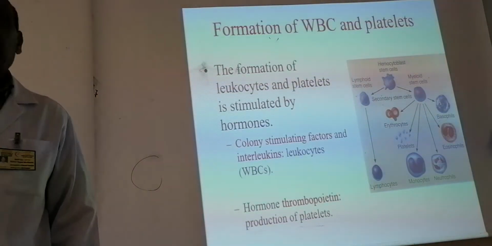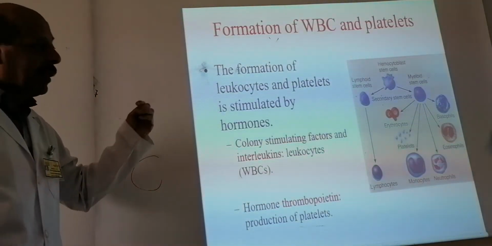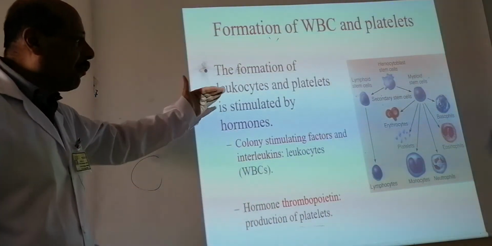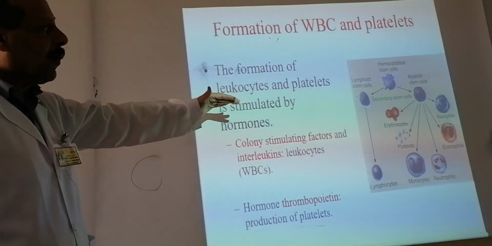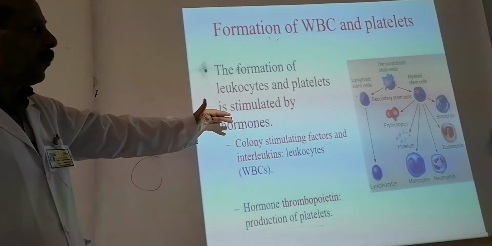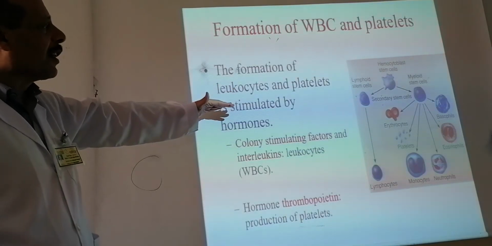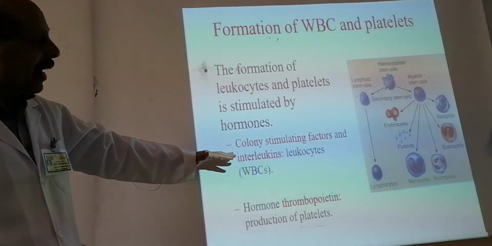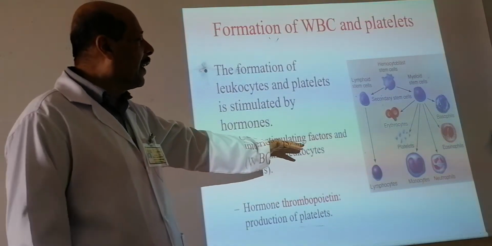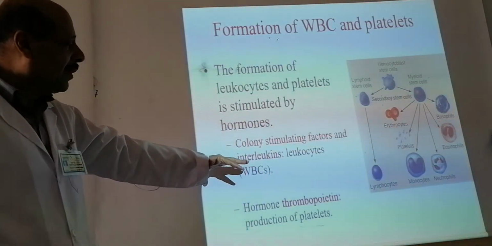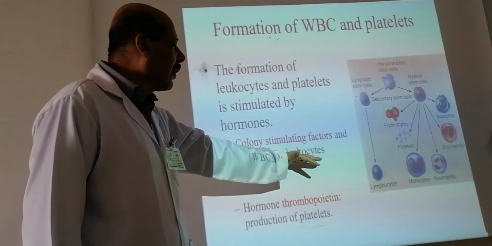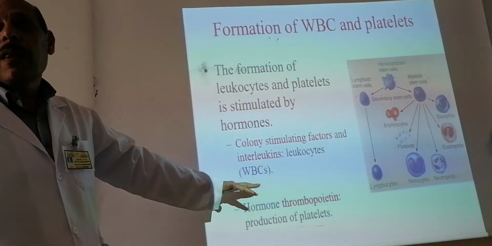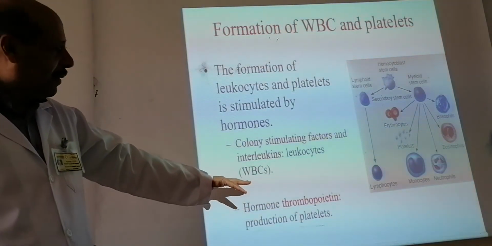So we will continue with the formation of white blood cells and platelets. As we said, yesterday we discussed how white blood cells are formed. The formation of leukocytes and platelets is similarly by hormonal action. So colony stimulating factor and interleukin help in the formation of white blood cells.